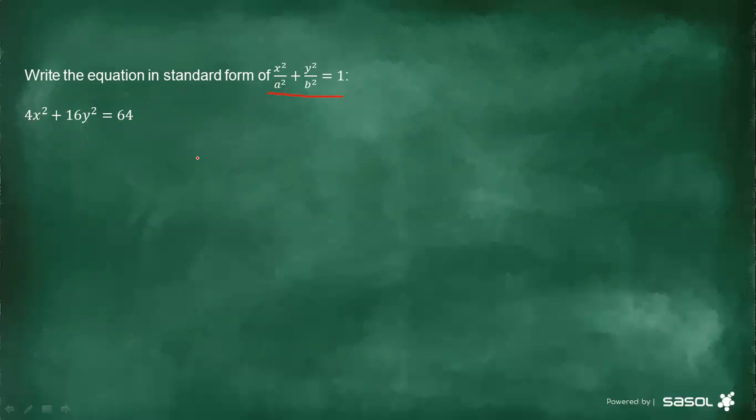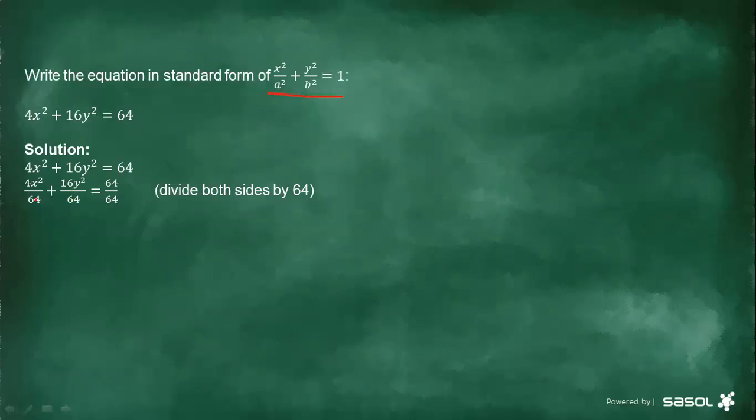All right, then remember it must be equal to 1. Let's see the solution on how we do that. First, we are going to divide by 64. Then we divide 64 there, 64, 64, all right, so that we can have equals to 1.